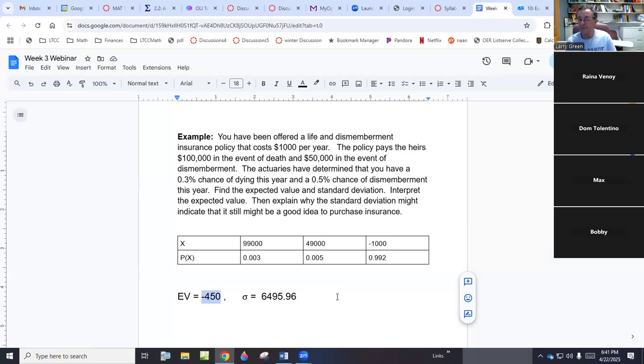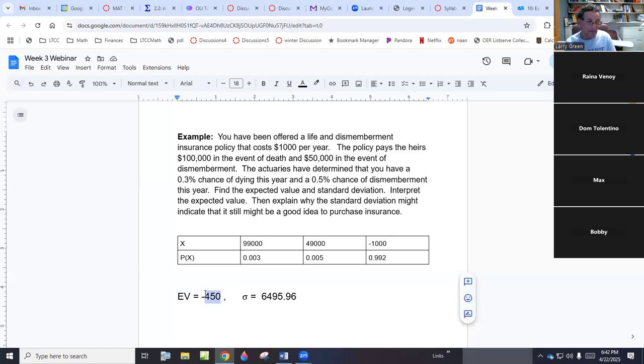Do you see? On the other hand, let's suppose you're making money and you have two small children. If you died, then all of a sudden those children don't have any money. So that would be terrible. Do you see that? And that standard deviation is high, which means it might be worth it. So it may or may not be worth it. Okay.